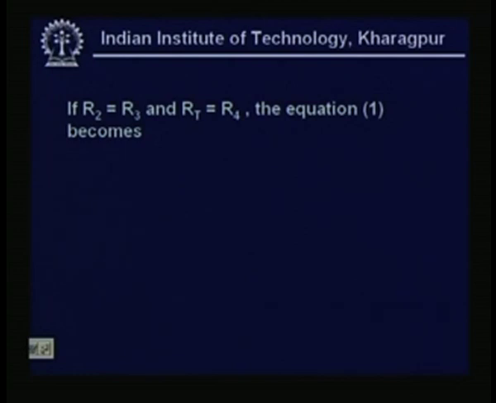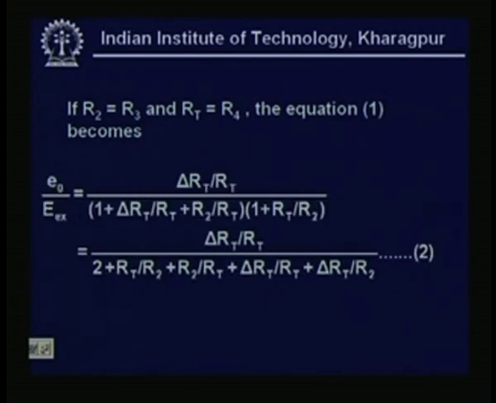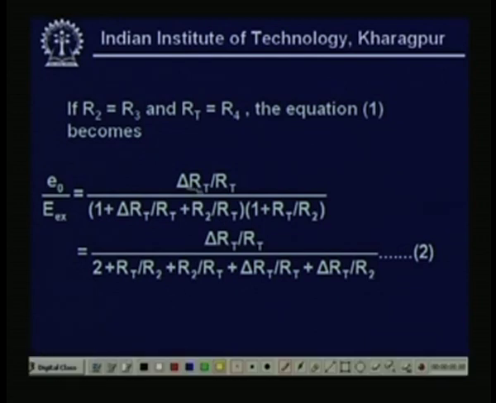Now, assume that R2 equals R3 and RT equals R4. Equation 1 becomes delta RT by RT upon 1 plus delta RT by RT plus R2 by RT, times 1 plus RT by R2. The numerator remains the same.